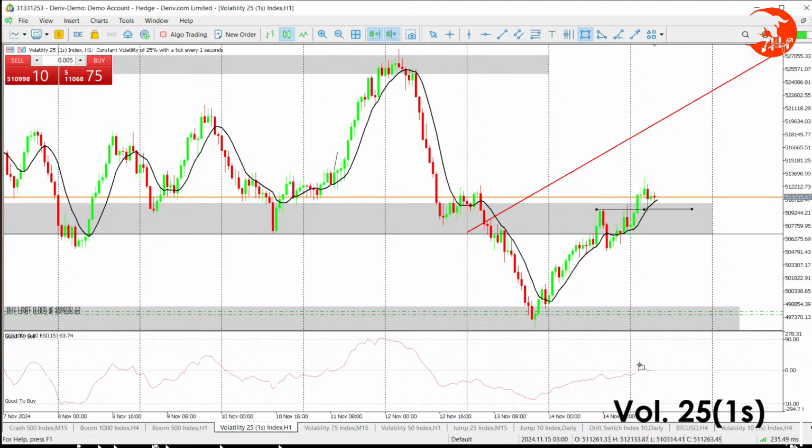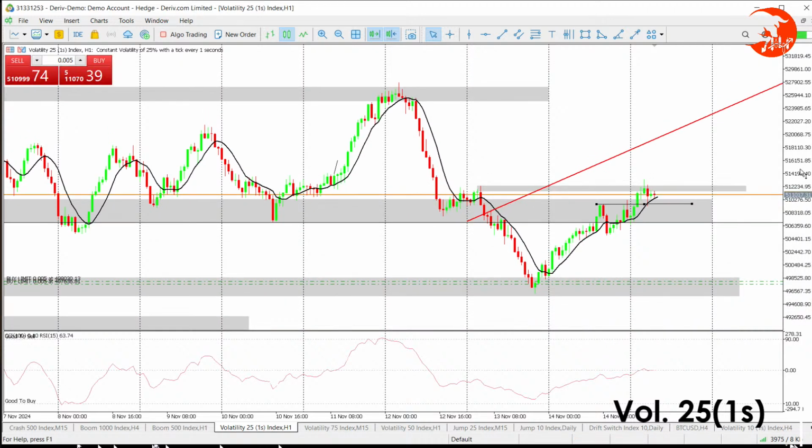Now that I see price is on 0% there on CCI, I can choose to wait a bit more until price probably breaks that resistance level up there, and that's when I may enter my clean trade to take me all the way up there.